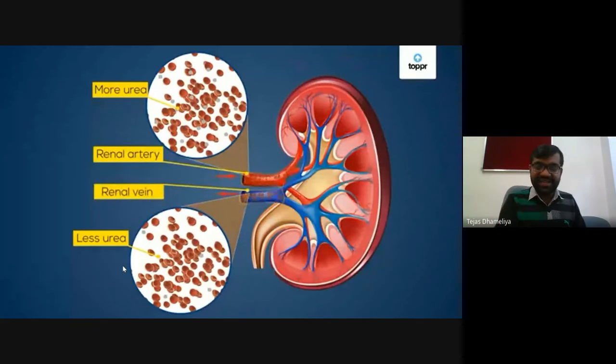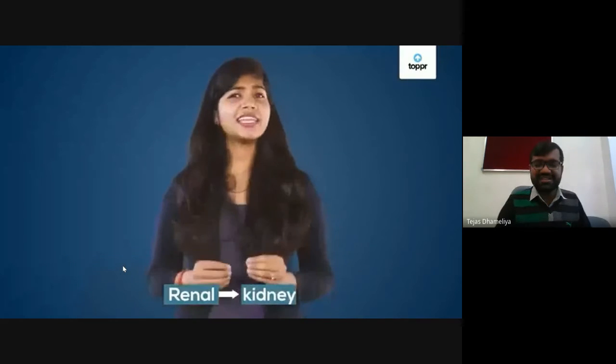The kidney is not the organ to oxygenate the blood. Lungs are the organs to oxygenate the blood. The words renal and kidney are sometimes interchangeable.